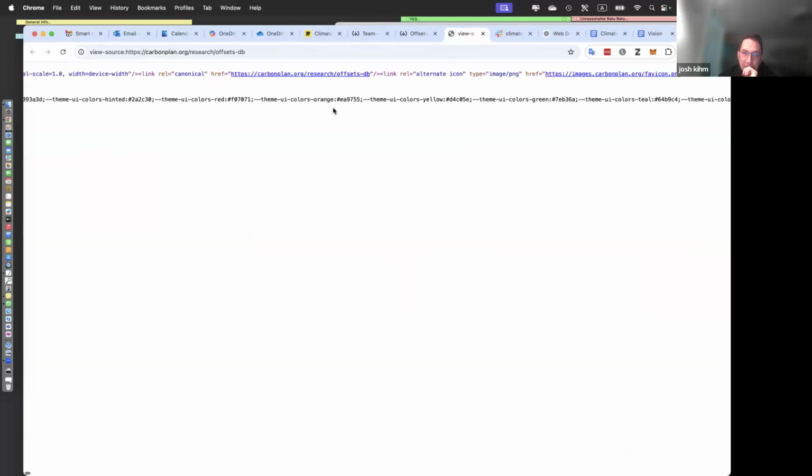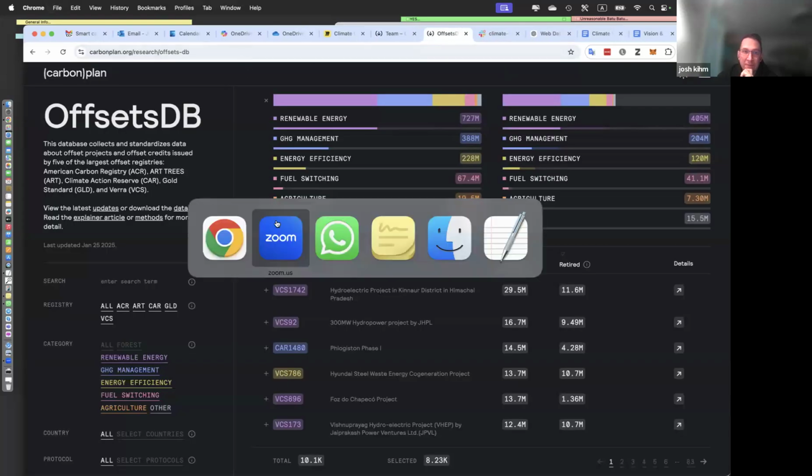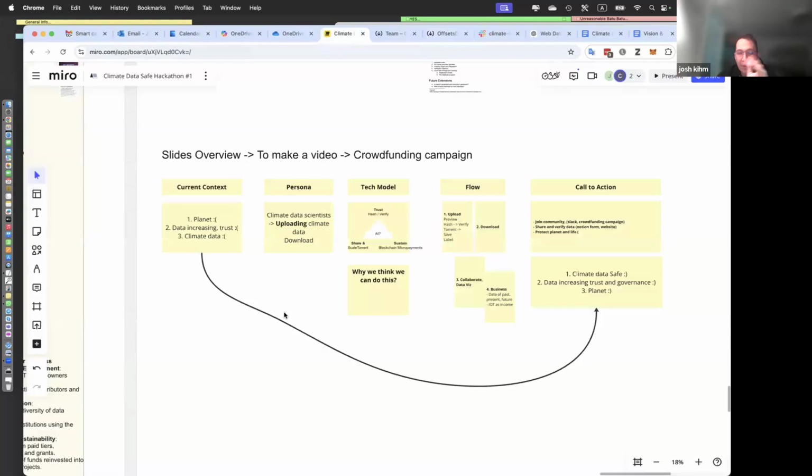The other thing that needs to happen is we need to make sure that we're not overloading climate scientists or funding sources, and that we're not doing redundant work.